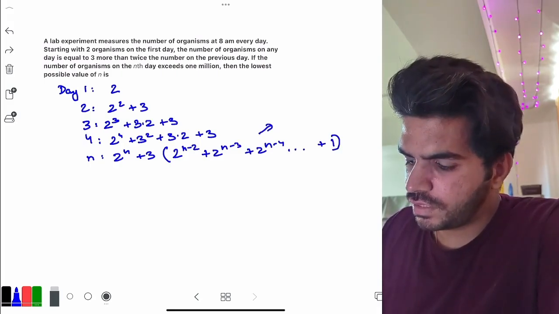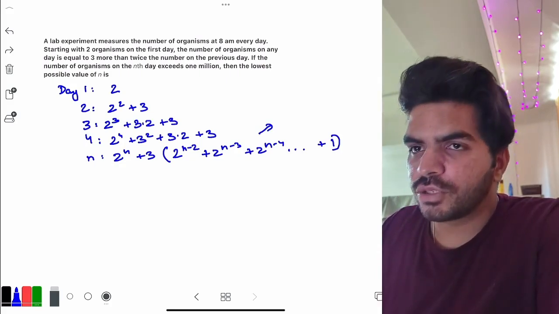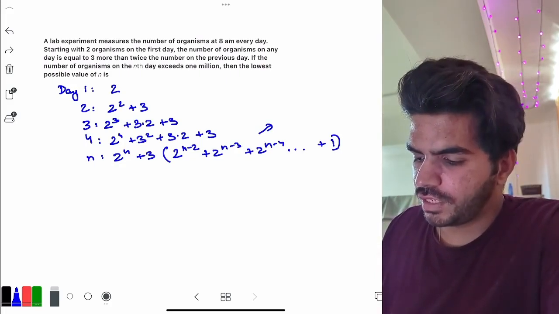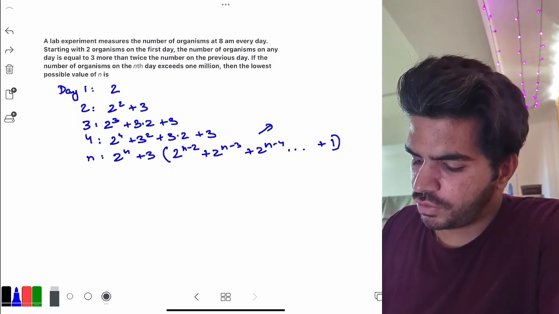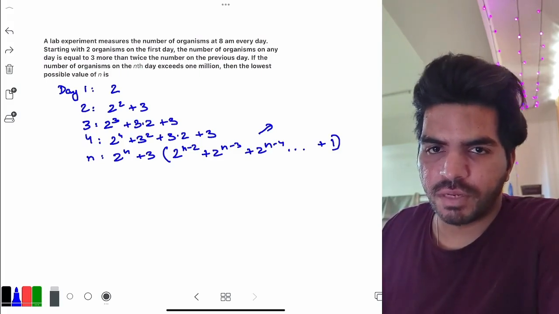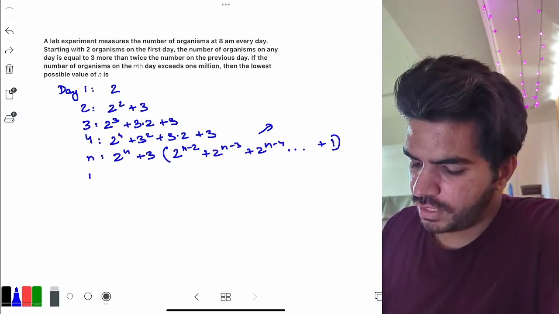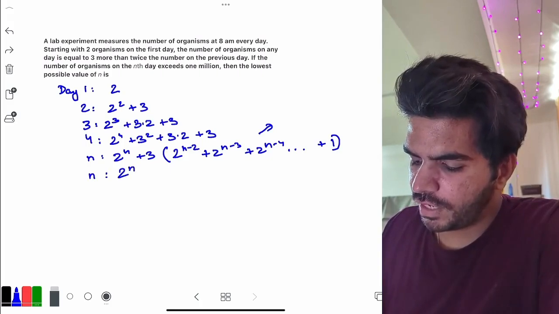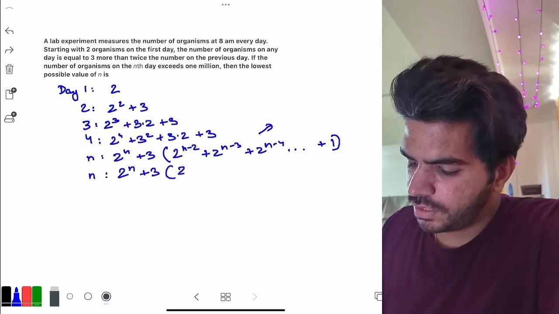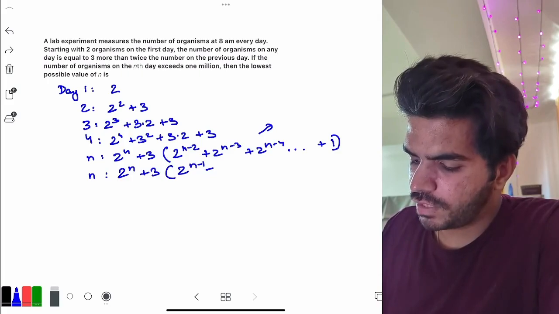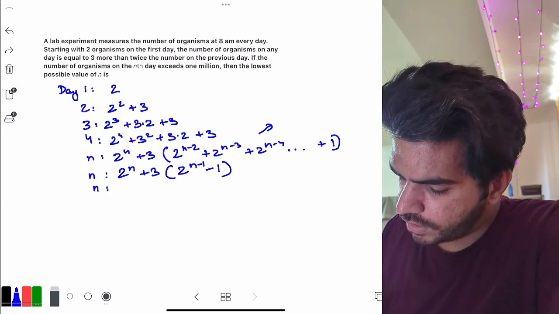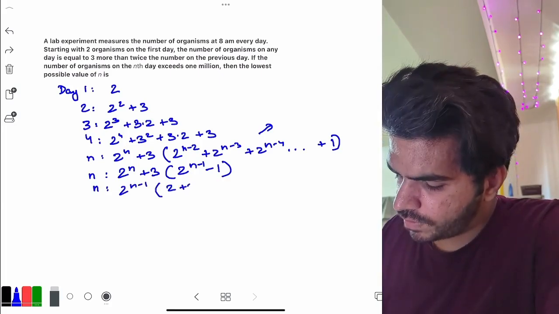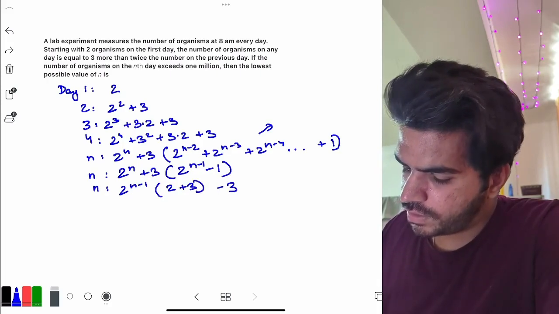Now this series, when you take the summation of the entire series using the GP formula, turns out to be 2 to the power n minus 1 minus 1. So on any nth day, it will be 2 to the power n plus 3 into 2 to the power n minus 1 minus 1. We can also take 2 to the power n minus 1 common, that is 2 plus 3 minus 3.